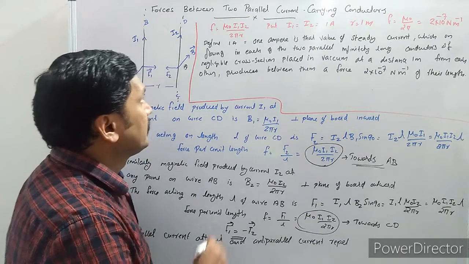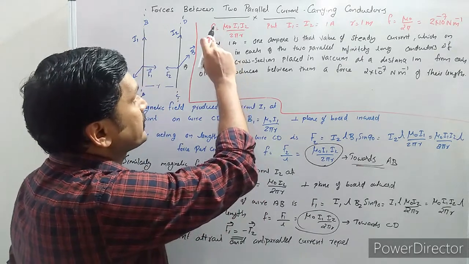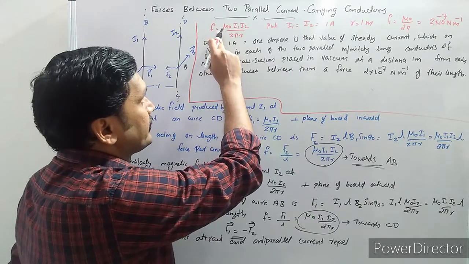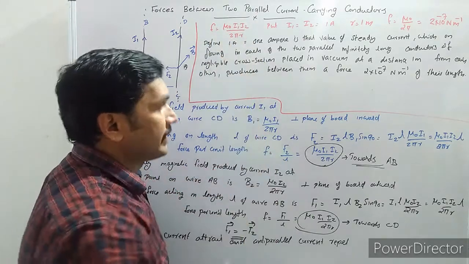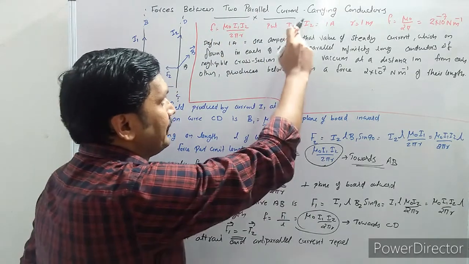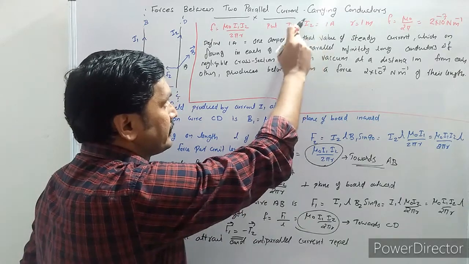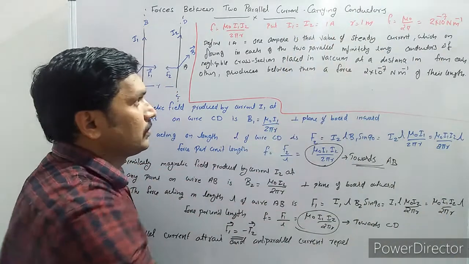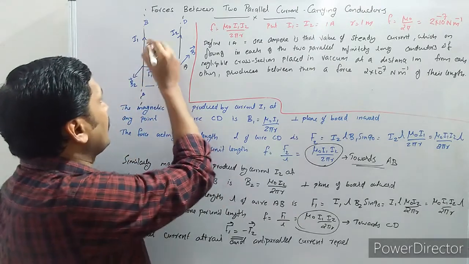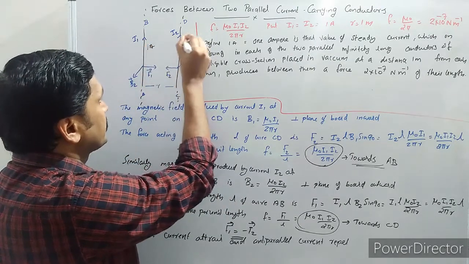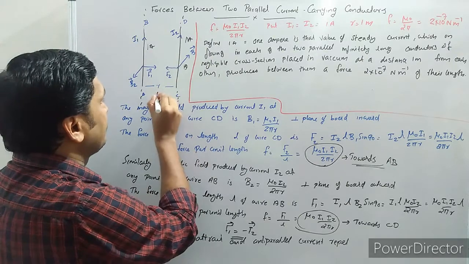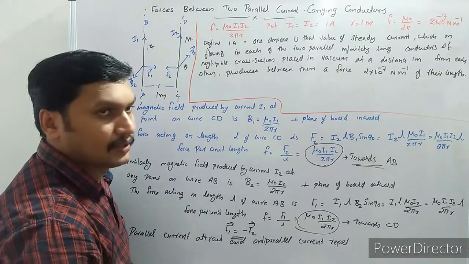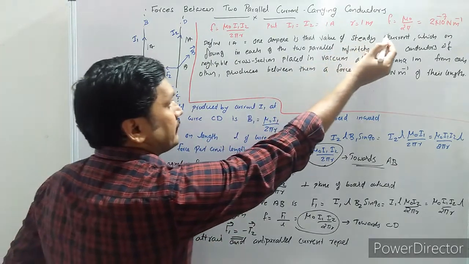Now suppose in this equation, force per unit length mu 0 I1 I2 by 2 pi r, we put I1 equal to I2 equal to 1 ampere and r equal to 1 meter. It means 1 ampere current is passing through both conductors and they are separated by 1 meter. Then what is the force per unit length between them?